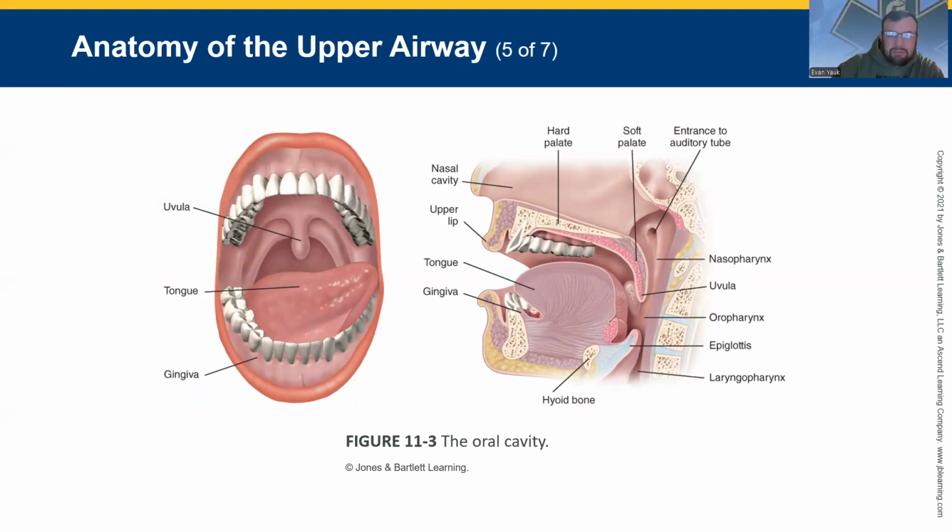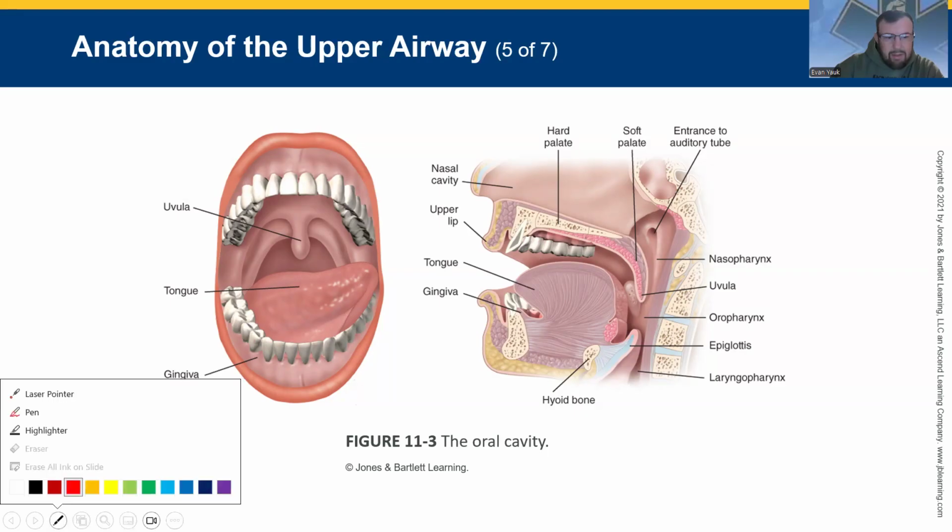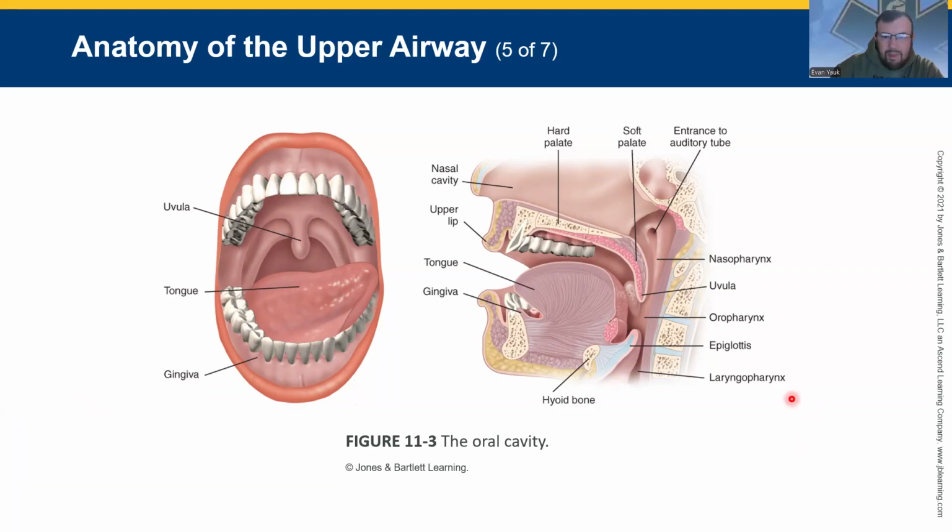I don't want to spend a whole lot of time here. I want to point out the size of the tongue. There we go. I want to point out our epiglottis right here. It's our flap that will close if we need it to.